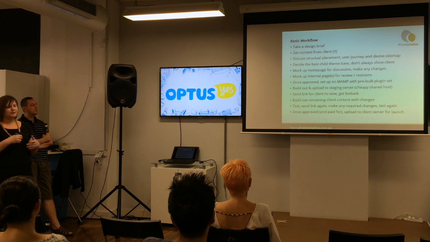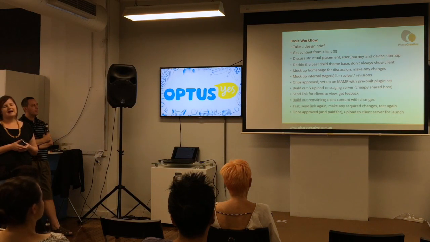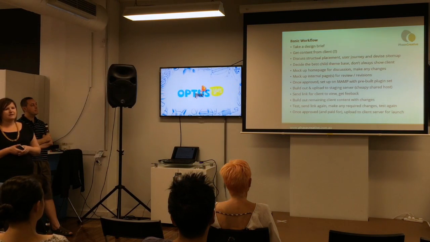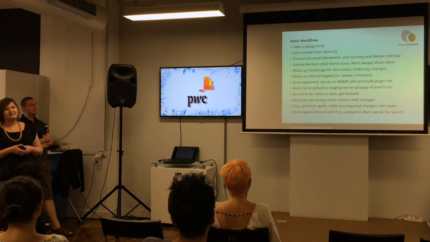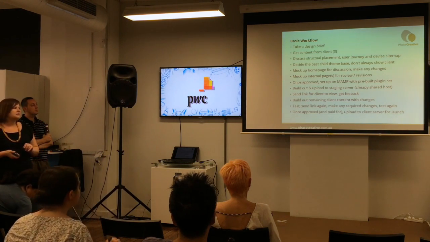So I'll then build out the design and upload it to the staging server, which is usually just my cheap hosting with a password, just for them to get an idea of how it's working. They usually come back with lots of changes. Where's this? Where's that? And whatnot. That's fine too. We go through the process and it comes back to me.